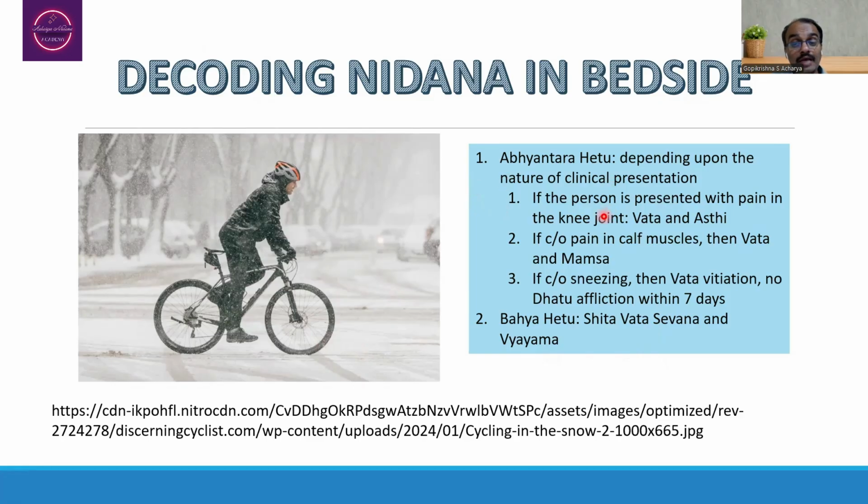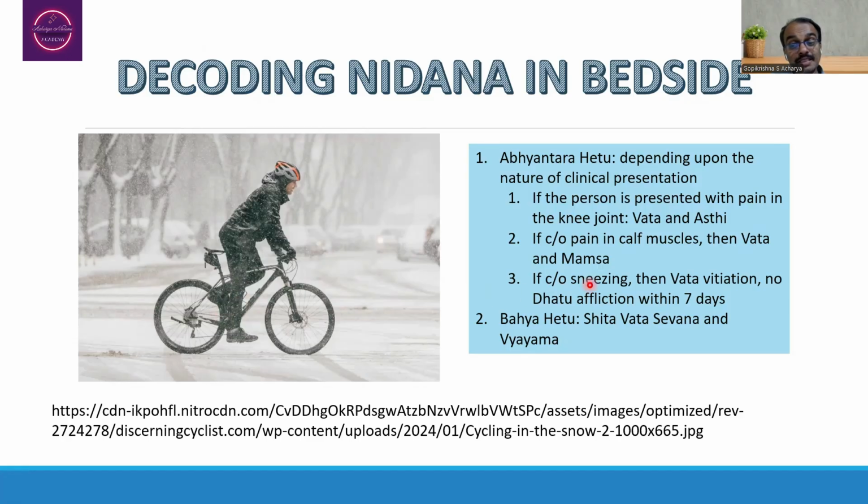For example, if the person presents with pain in the knee joint, then there may be a possibility of vata dosha vitiation and asthi affliction. If the person presents with pain in the calf muscles, then there may be a possibility of vata dosha vitiation and mamsa kshaya.